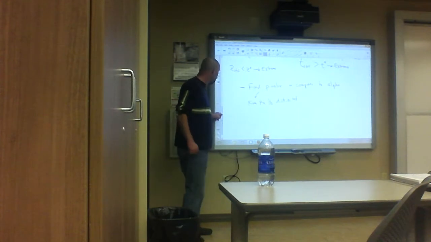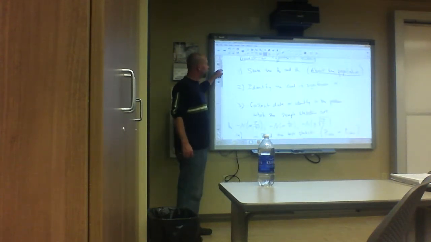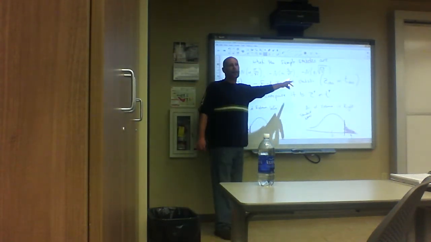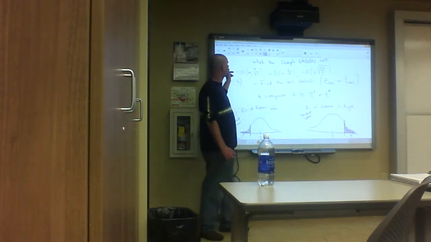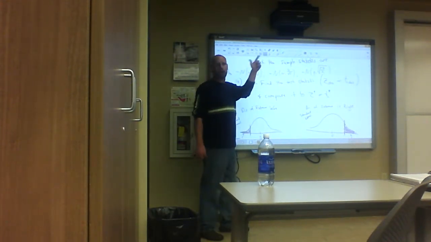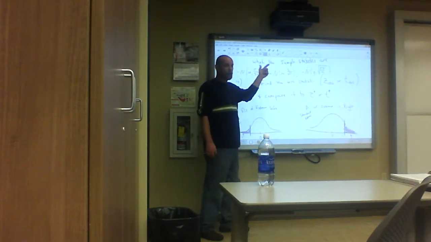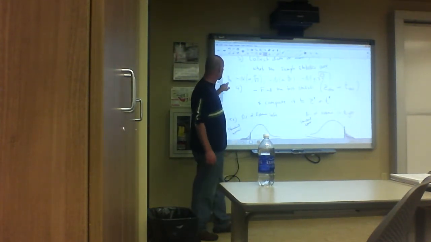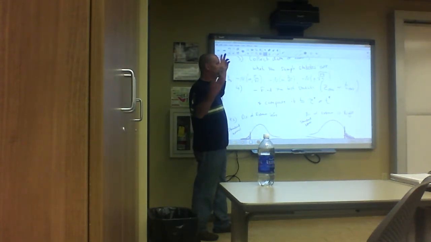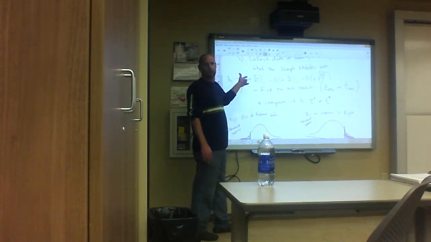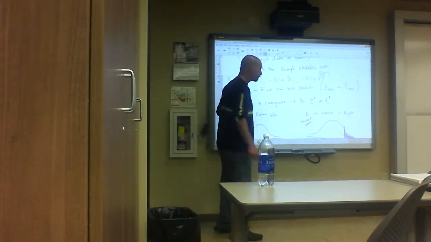Because again, what we're saying here is if we really did take every single possible sample of size n and build a distribution of a bunch of p-hats or a bunch of x-bars, then if this is the true population mean, it should be the center of our distribution. And so, what is the probability of me grabbing data and being that far off if this really was the distribution? That's what we're testing.